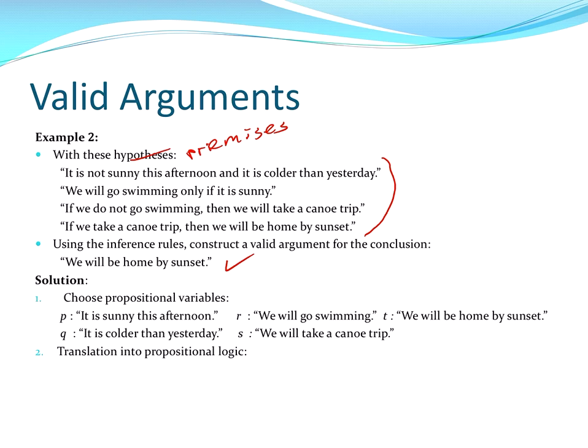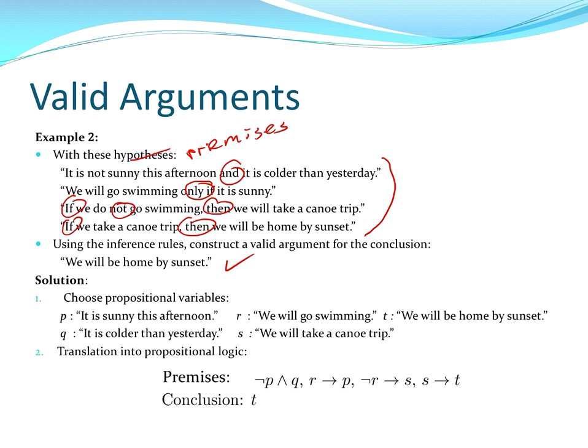And if I go back into my hypotheses and look for connective language, only if, then, we can write down symbolically what each of those premises is. And if I do that, I get not P and Q. R implies P, not R implies S, and S implies T. And then the conclusion, of course, is T.